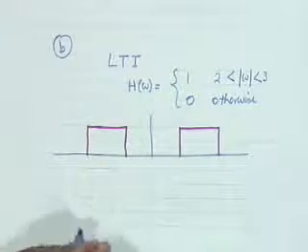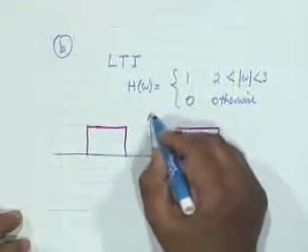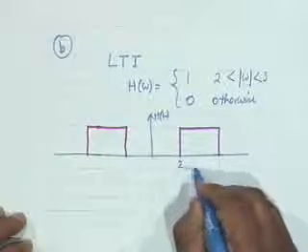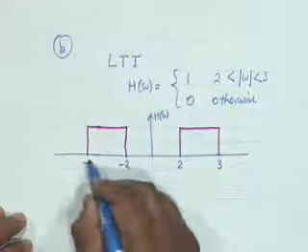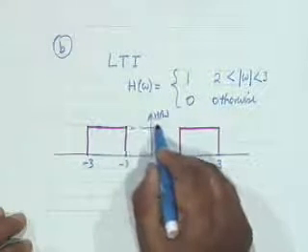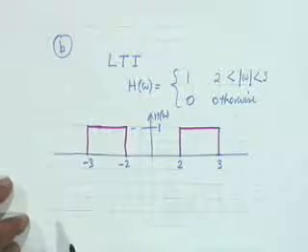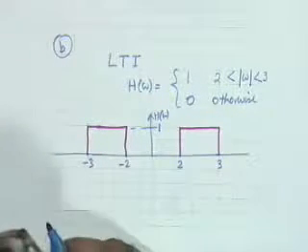This is my H of omega. This is 2 and 3, minus 2 and minus 3, and here the value is 1. This is my H of omega, the frequency response.